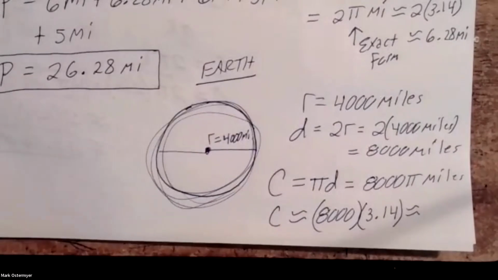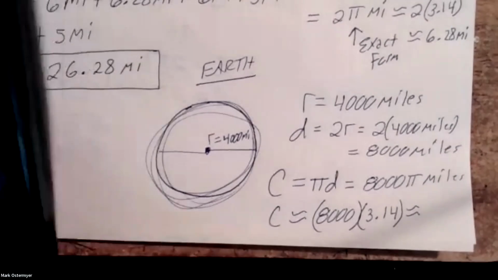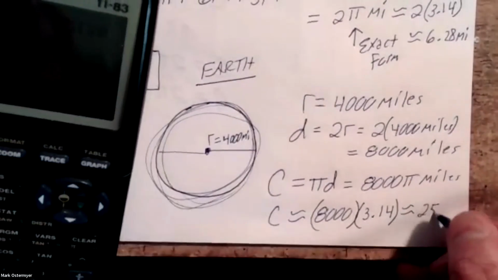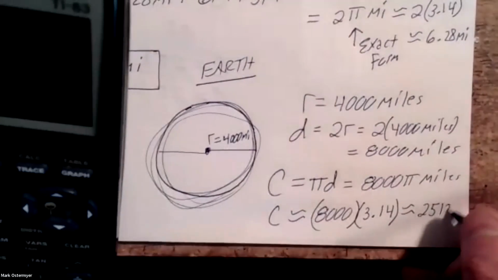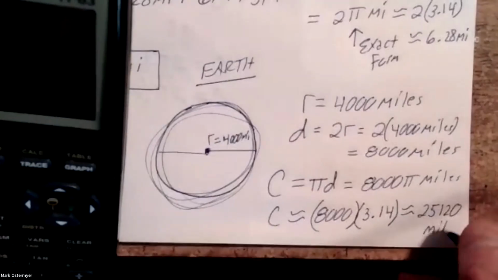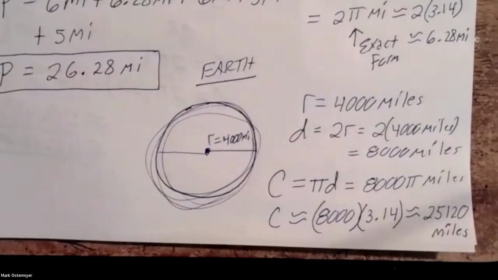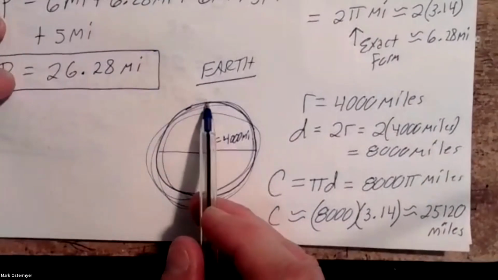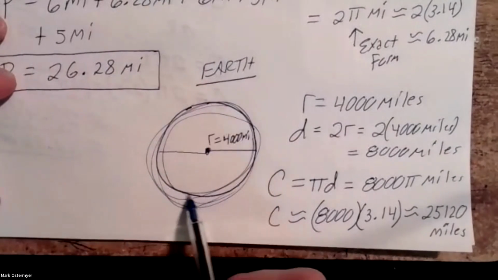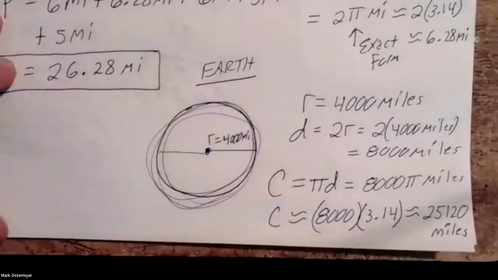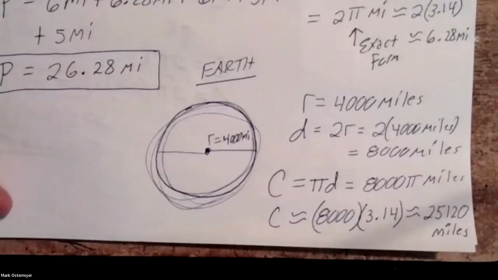How many miles around the Earth? Well, I'm getting about 25,120 miles. That would be the number of miles that you would have to take a hot air balloon around our planet to navigate one circumference of our planet. About 25,100 miles, 120 miles.